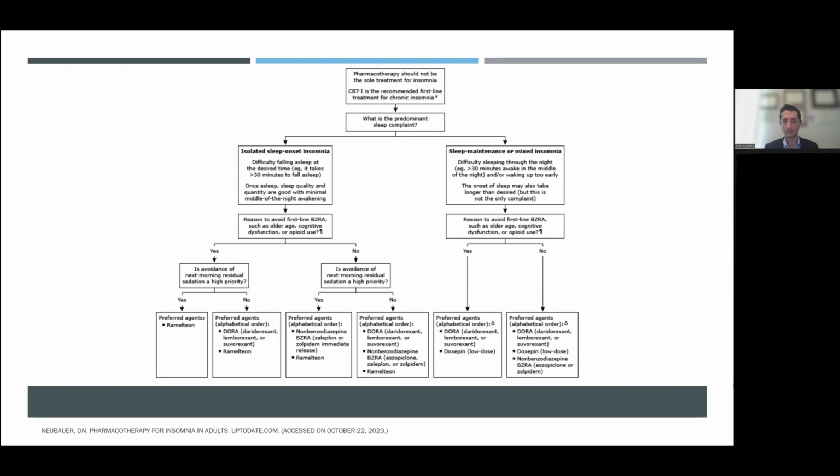Then you determine the best pharmacological agent for that patient if they're not able to get in to do cognitive behavioral therapy, or they might need a combination of both therapy and pharmacotherapy. Some medications have a longer onset of action and half-life than others, and that's how you determine which medication is potentially the right one to prescribe.